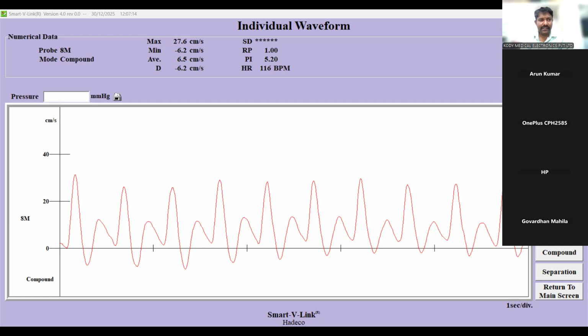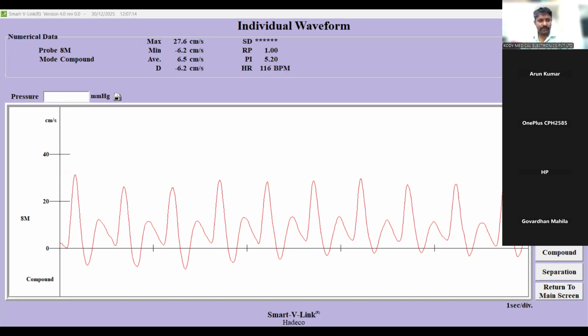No, sir, we can see only the triphasic waveform, not showing the biphasic. Can you see my shared presentation? Can you share the biphasic waveform, sir? No, sir, we can't see. This is the previous one, triphasic only showing.